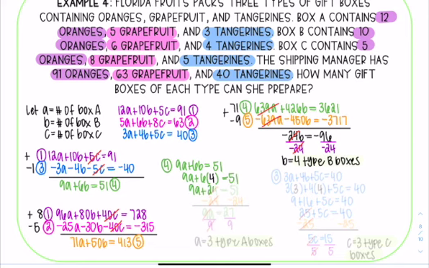We can subtract 24 from both sides, and we end up with 9A equals 27. And when I divide both sides by 9, we get that A is equal to 3. So that's 3 type A boxes.